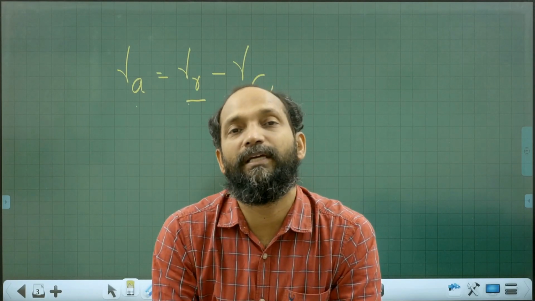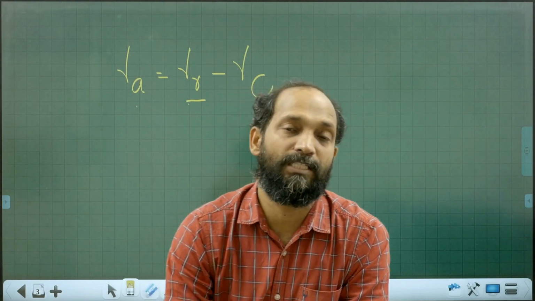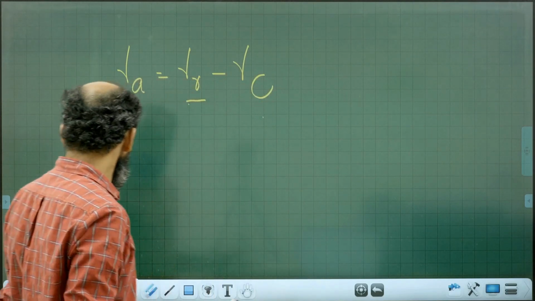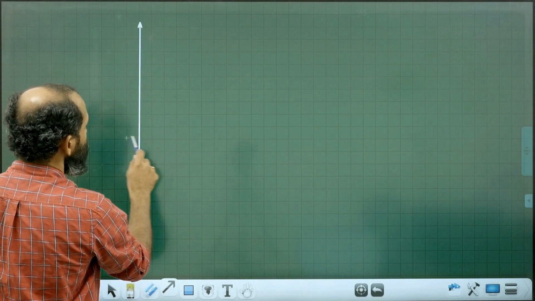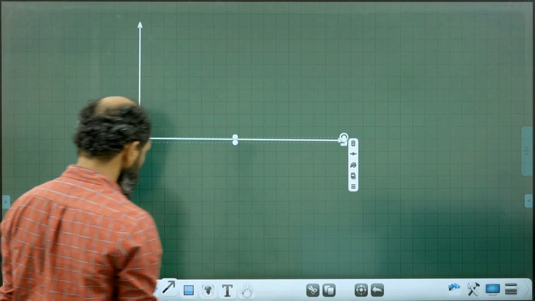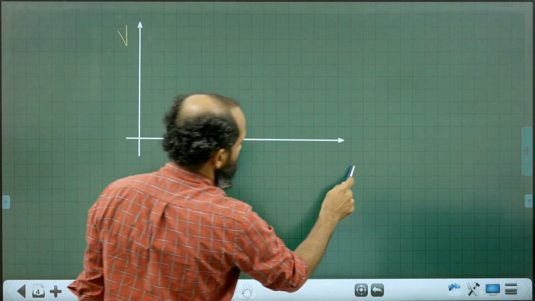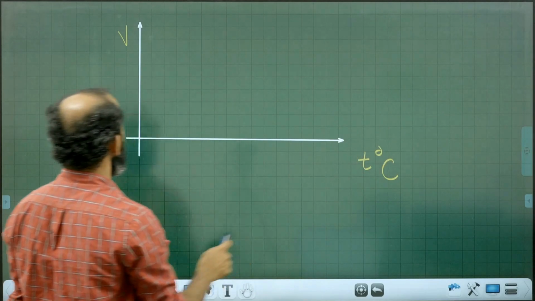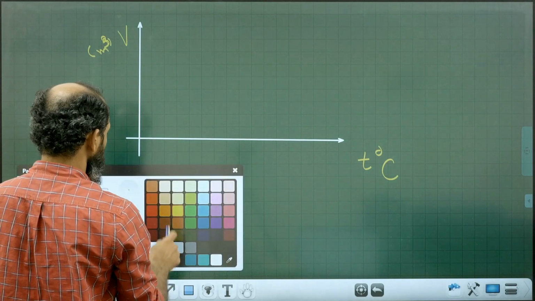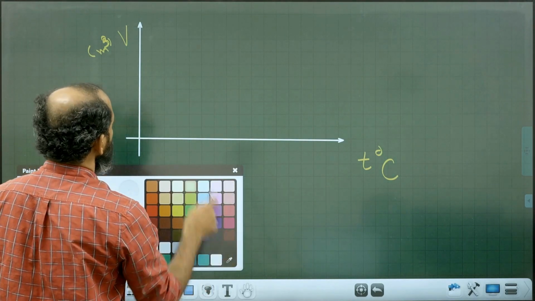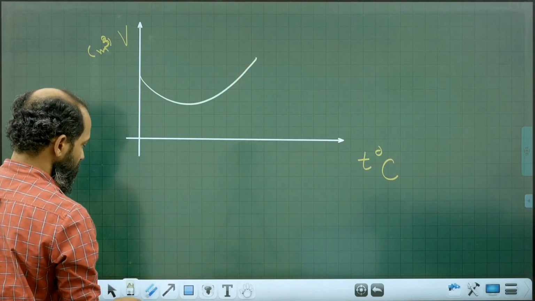Then while we learn expansion of liquid, it is compulsory to learn about anomalous expansion of water. What do you mean by anomalous property of water? If you plot the volume of a fixed amount of water against temperature in degree Celsius, volume in meter cube, temperature in degree Celsius, you have a graph showing a variation like this.